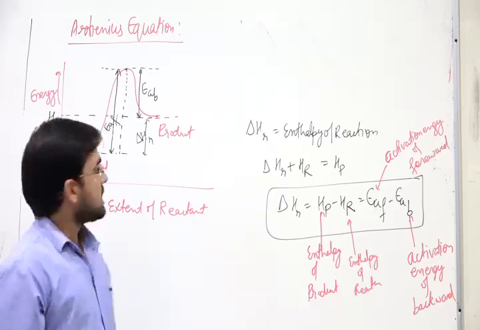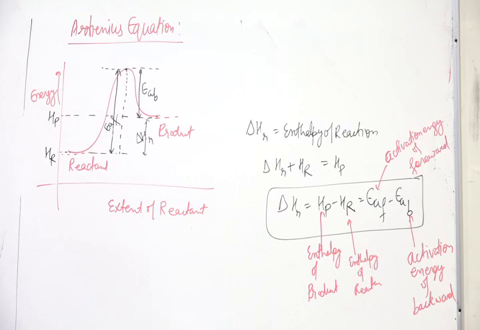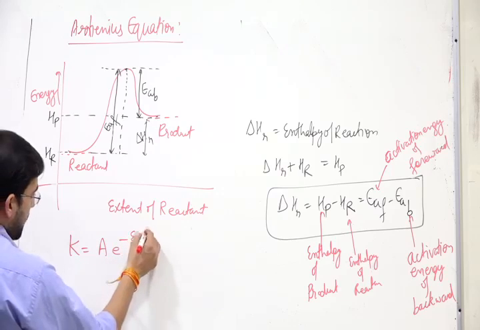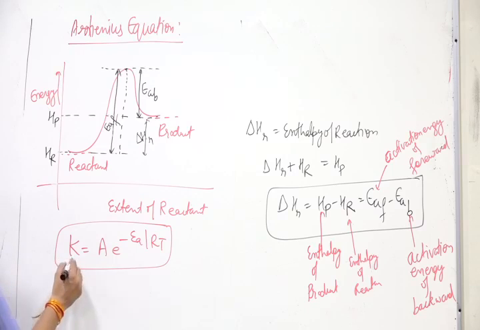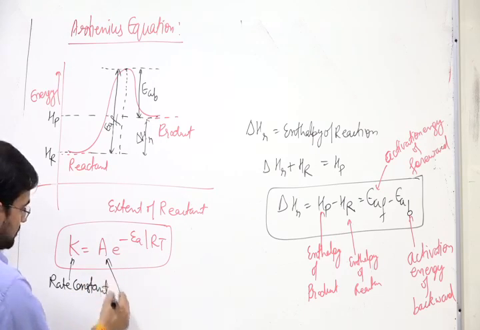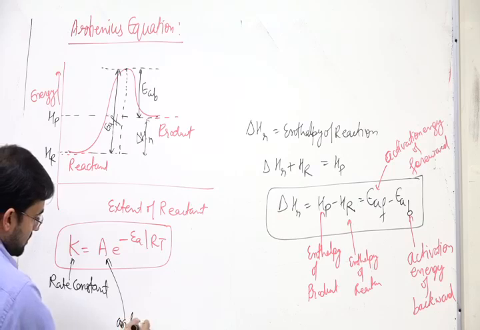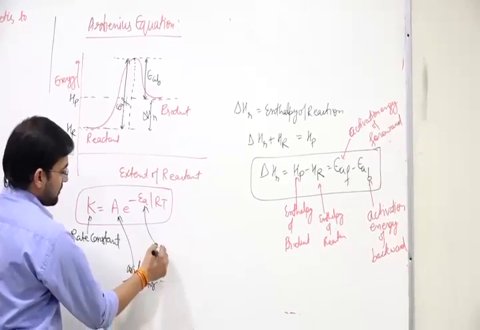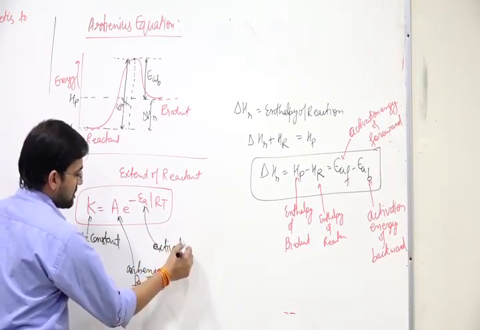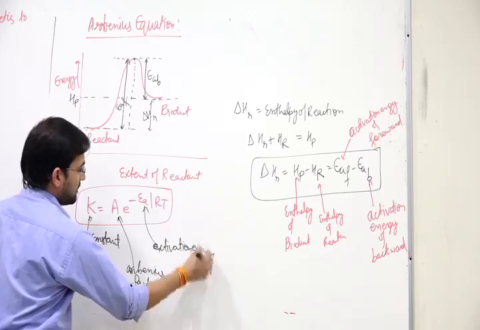Understood all this? Now I am going to write the Arrhenius equation. The Arrhenius equation is K equals A e power minus EA by RT. K is known as the rate constant. A is known as the Arrhenius factor. EA is the activation energy.